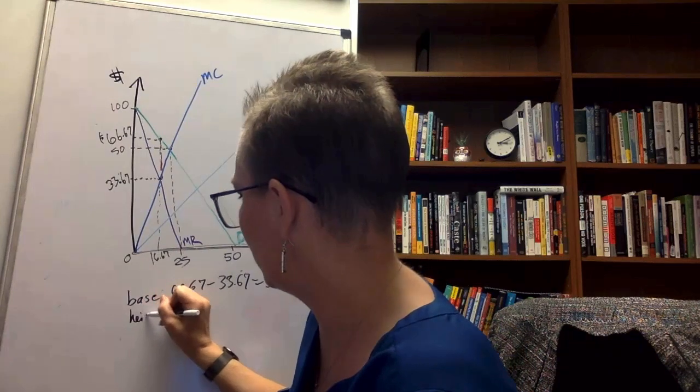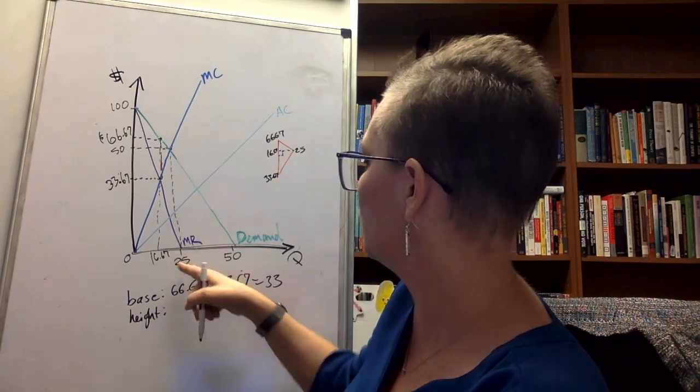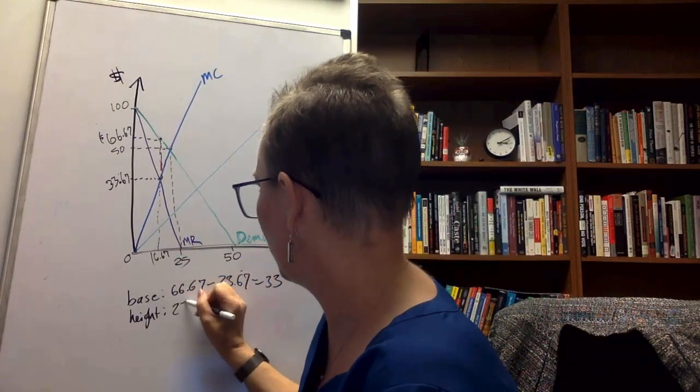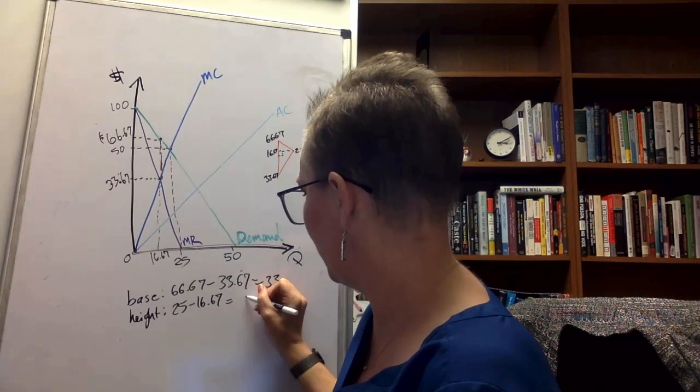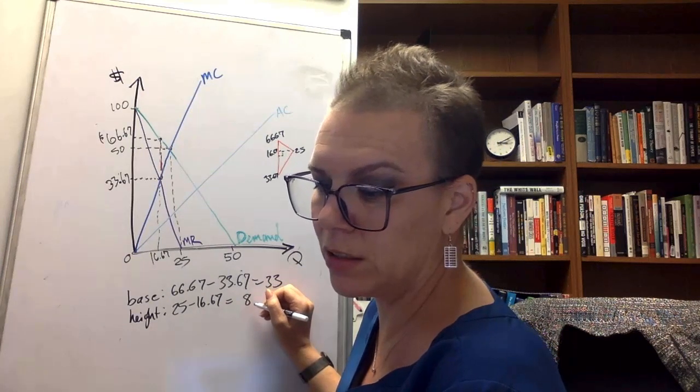And the height is going to be from 25 minus 16, just this area here, just that height. So 25 minus 16.67, which gives us a height of 8.33.